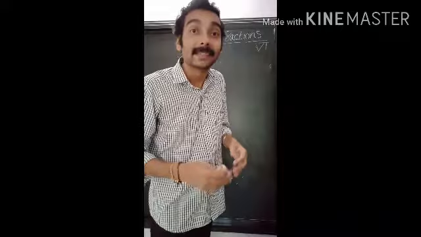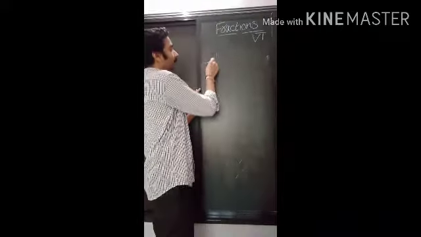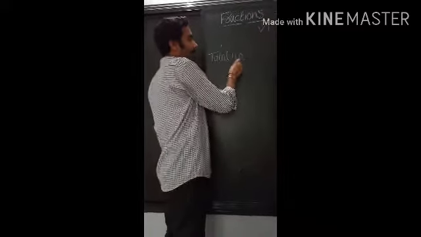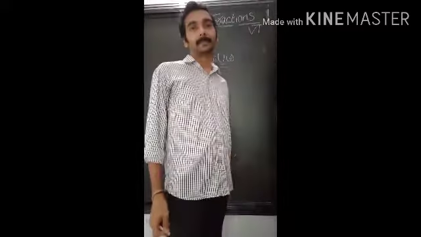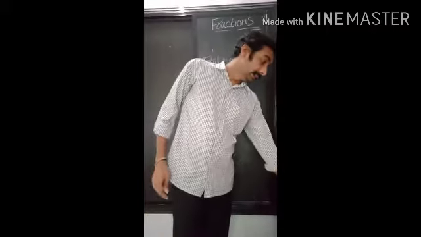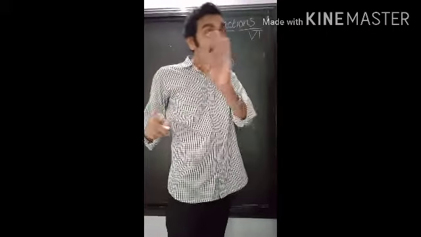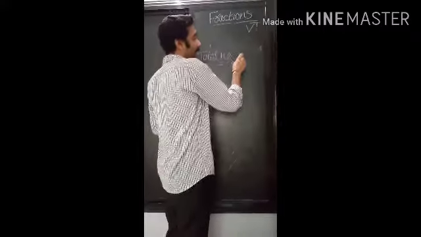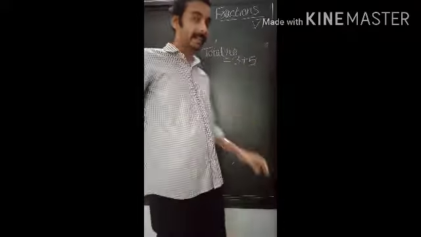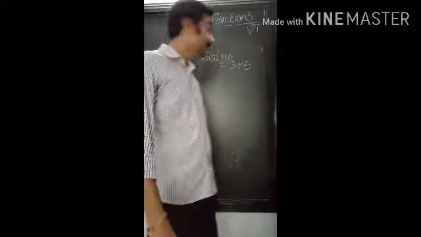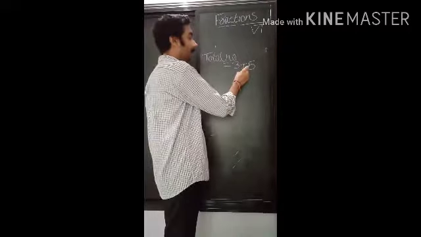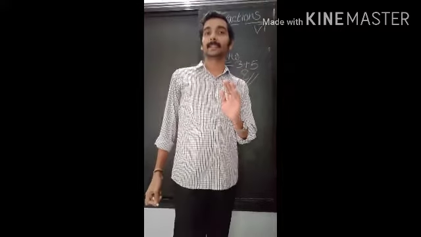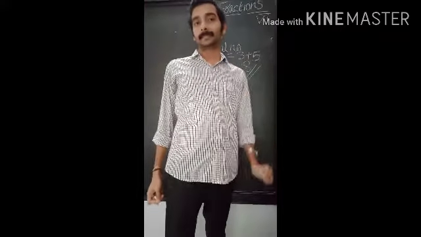She bought 3 and received 5. That means 3 plus 5. 3 plus 5 is 8.